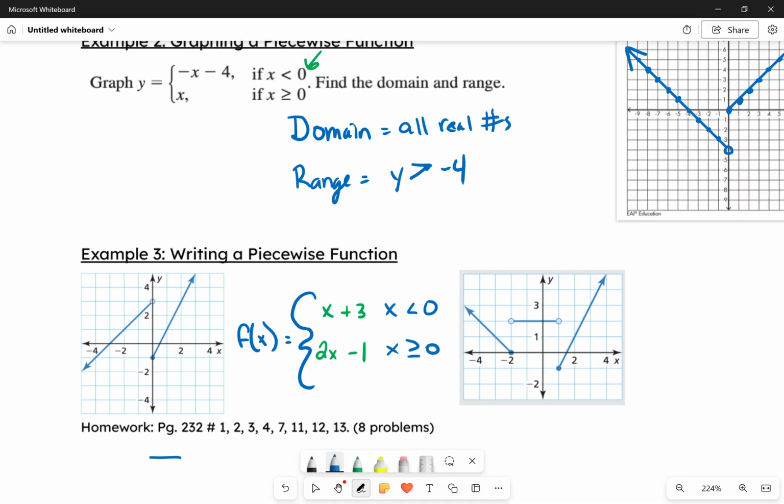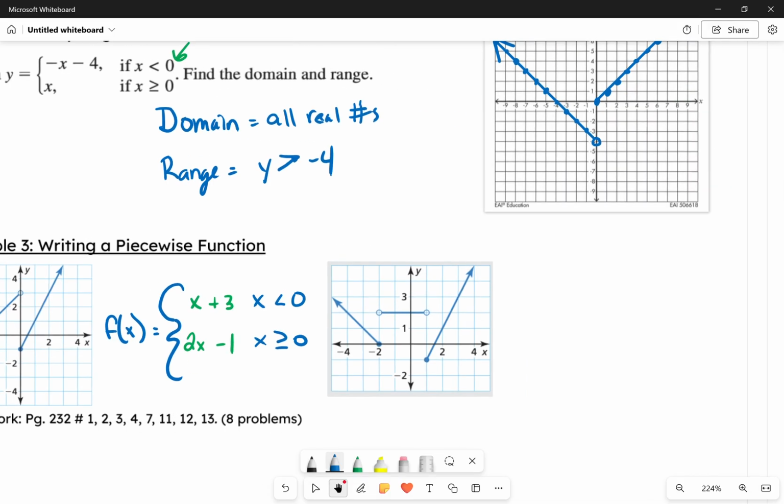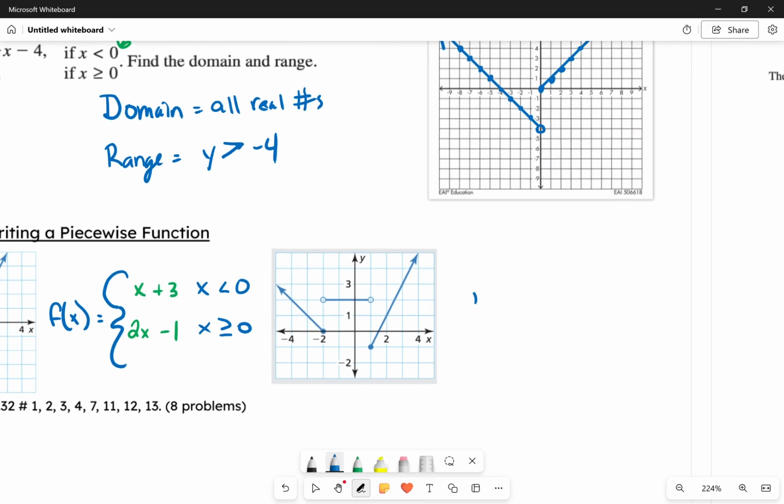All right, so let's take a look here at this second one. Let's start with our f of x equals, and then our bracket. It looks like we've got 3 sections this time, so we should end up having 3 different domain areas. So starting on the left side here, it looks like when x is less than or equal to -2.